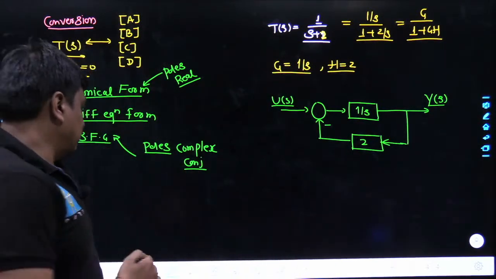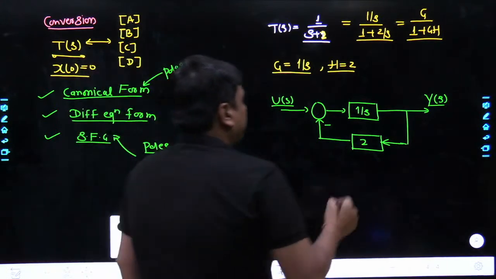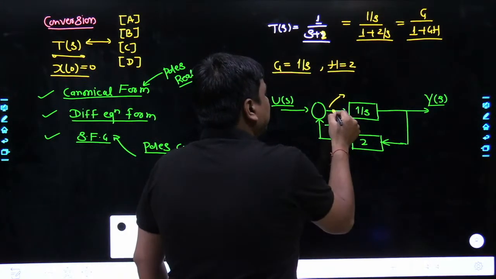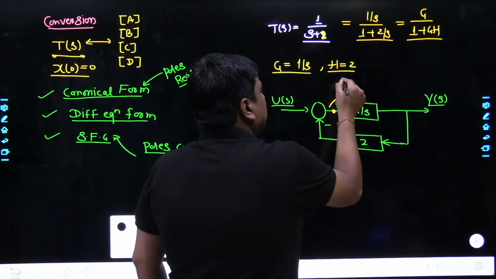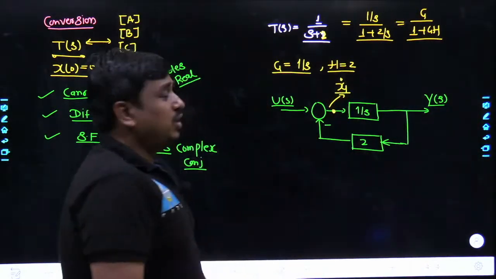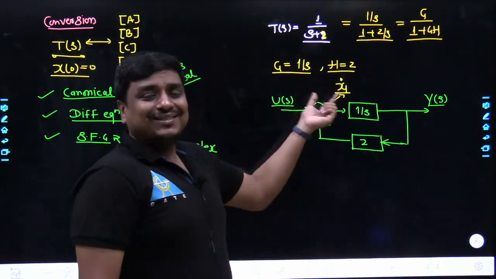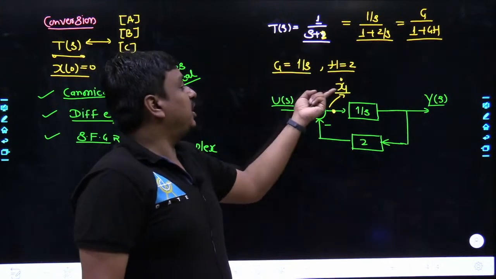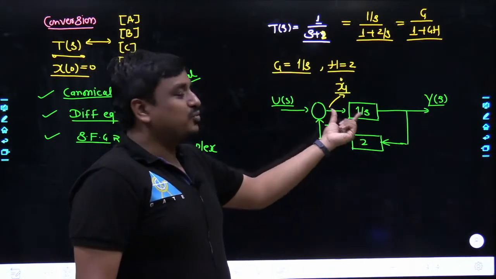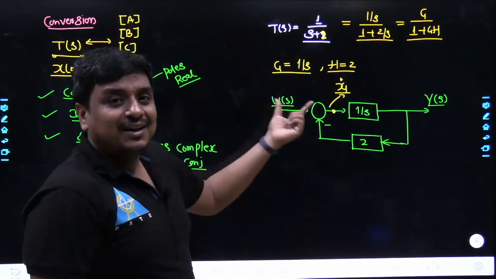Now, see, I have written the variable at this point as x1 dot. See why I have written so? In future, if x1 dot, that's nothing but the derivative of the state variable x1, gets processed with 1 upon S, what does that mean? It's the integration in time domain.